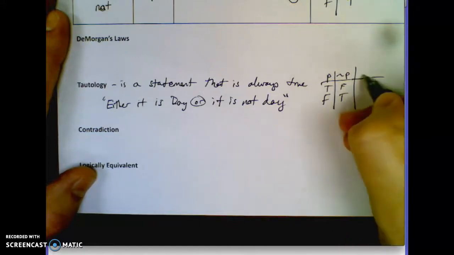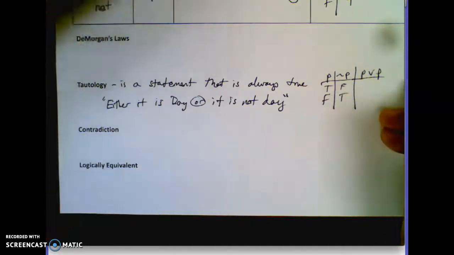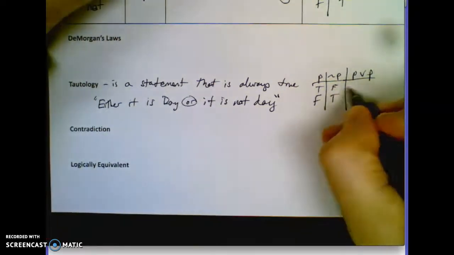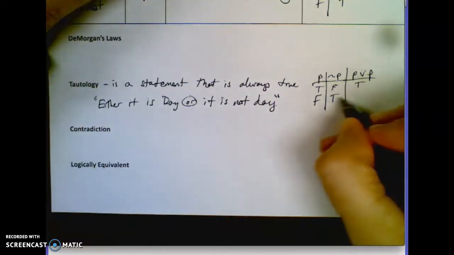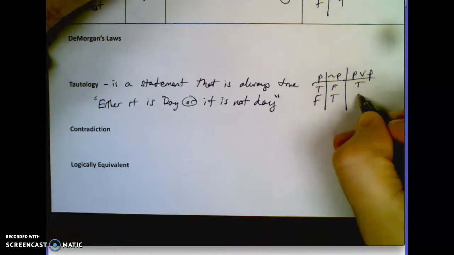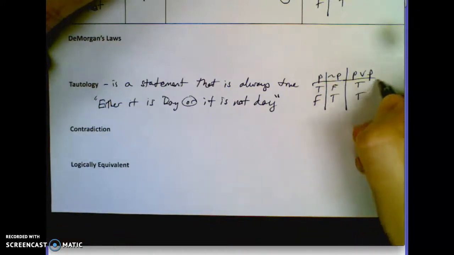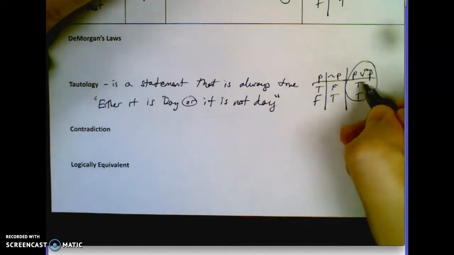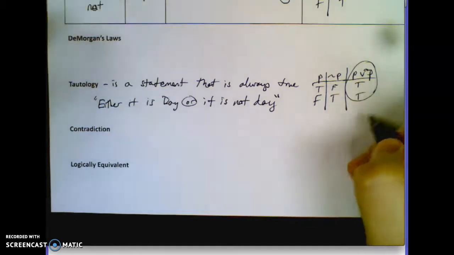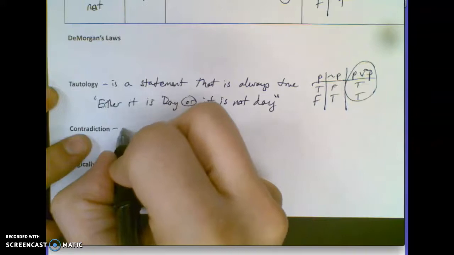If I did an or with them, remember, or is lenient. If either part of it's true, the whole thing is true, so if it was day, this whole statement's true. If it was not day, this whole statement's true. So this statement here, since they're all true, is a tautology. And the reverse of that is a contradiction.